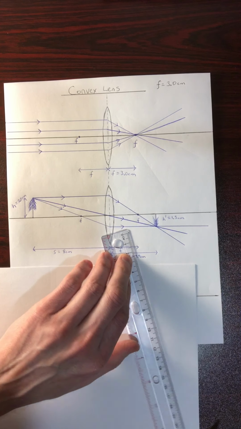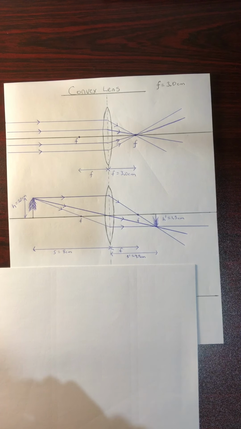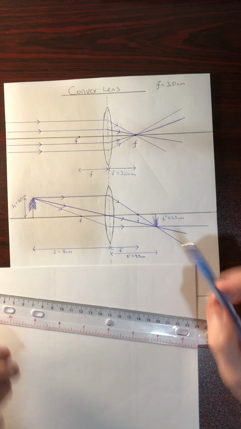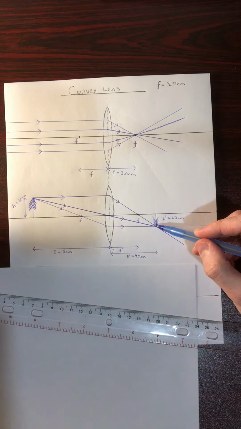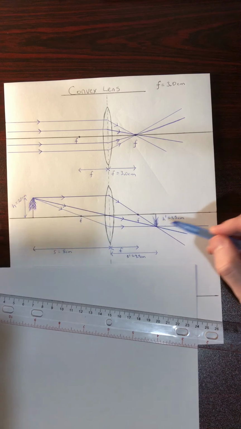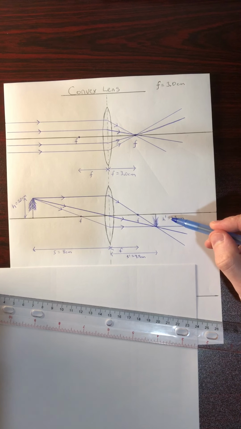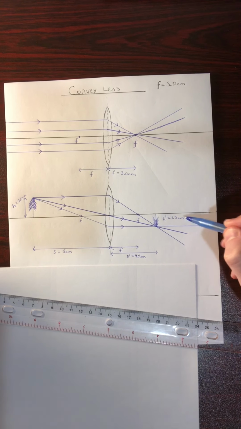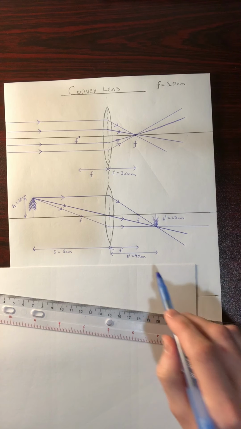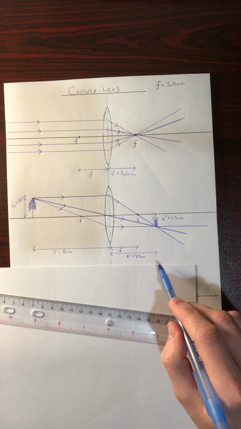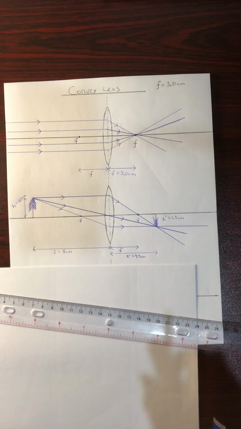So these are estimates because my drawing is not perfect at all, but it gives us a pretty good sense that, one, this image is going to be inverted with respect to the original object. It's definitely going to be smaller, and we've got an estimate for what the size of the image is. And we know approximately how far away we get an image.